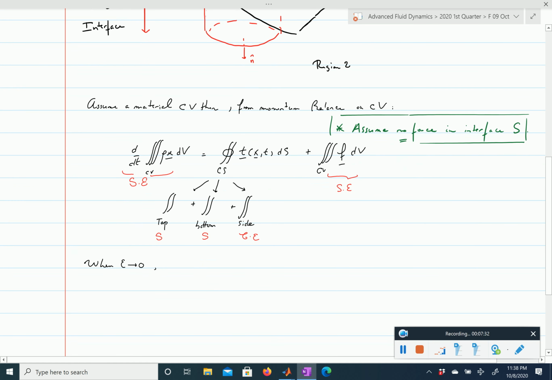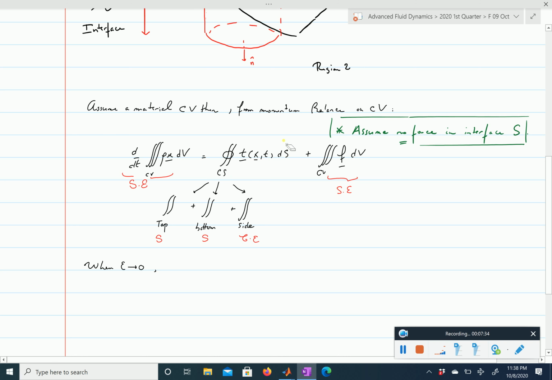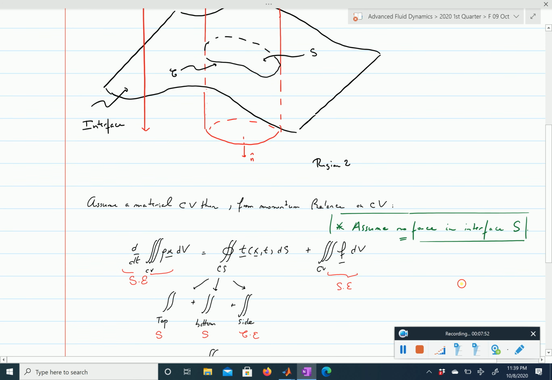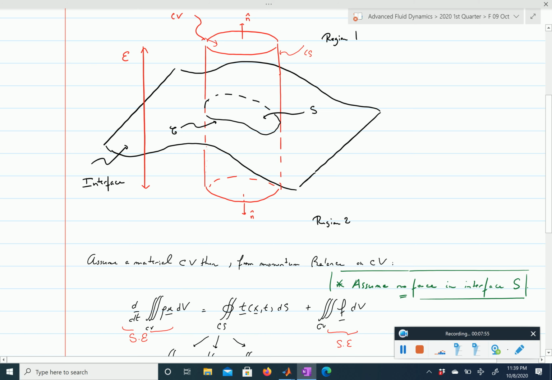what we are left with is just our surface forces, the integral of our surface forces in equilibrium. Sorry, I should say the integral on the top surface plus the integral on the bottom surface of the stress equal to 0, so in equilibrium. But on the top surface, I will be in region 1, right?